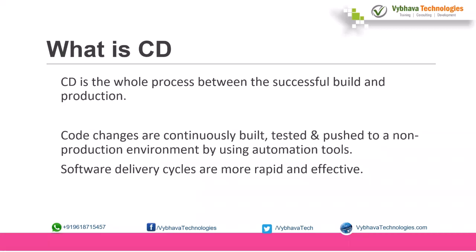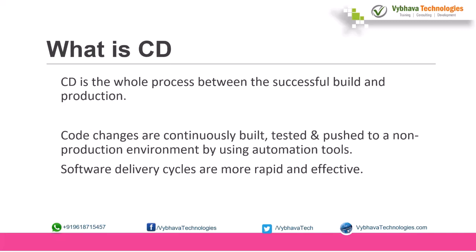We have seen the last line in the previous picture, that is continuous deployment. Continuous deployment is the most current trend in the cloud, and they mostly want that. The complete process from development till the production flow, that is the successful flow, is called CD.